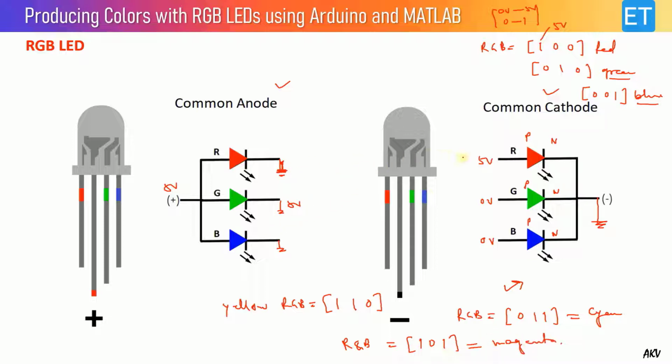Now you can have the different proportions of the intensity. For example, if I give the RGB equal to 1 0 0.4, what does it mean actually? So 1 means we are giving full 5 volt to this red LED. 0 means the blue LED is switched off, and 0.4 given to the green LED, it means we are giving the 40% of the 5 volt to this green LED.